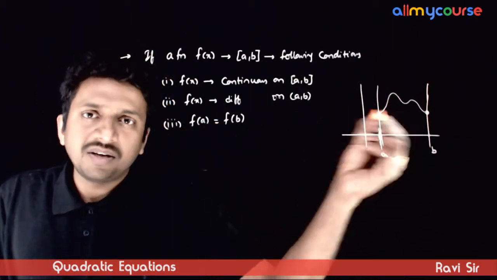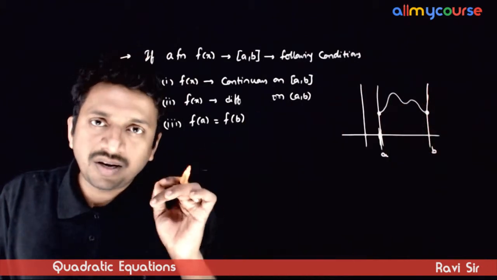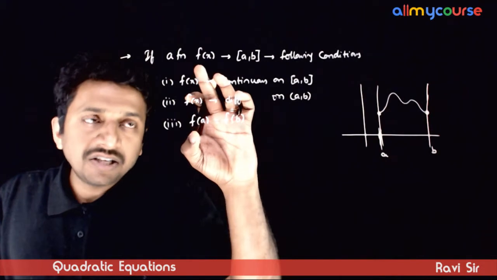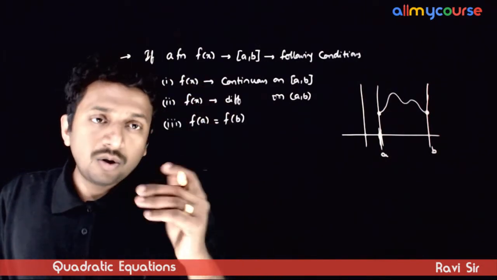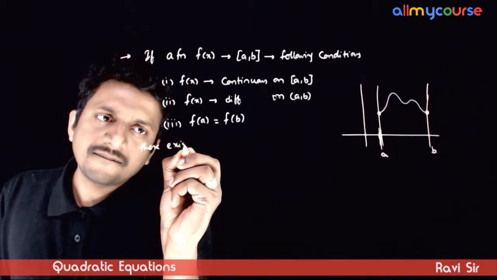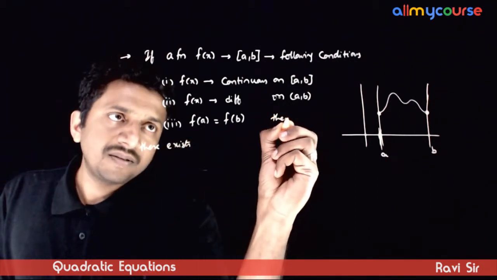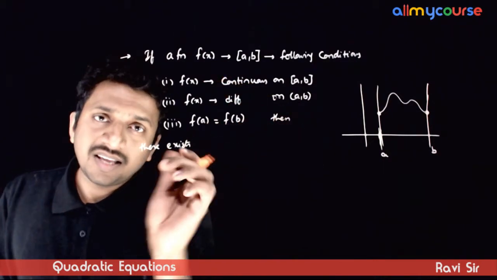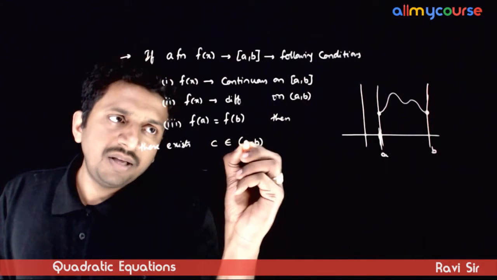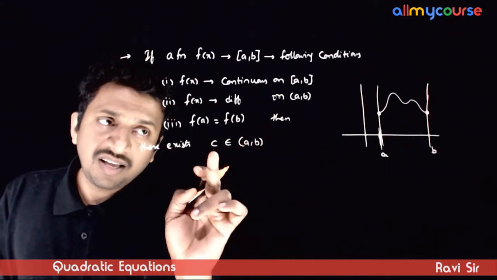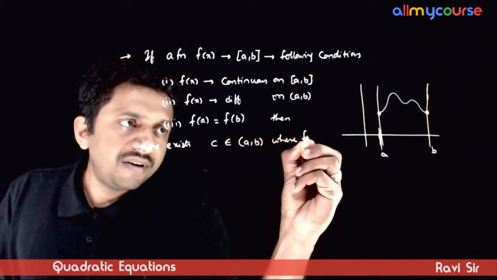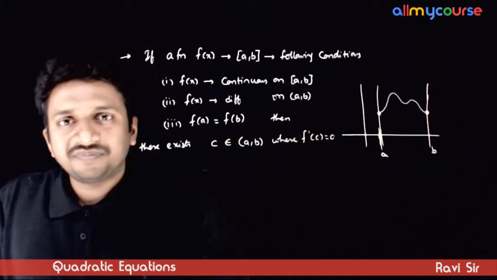There can be many sample curves which go from this point to this point being continuous and differentiable. So now if the function satisfies these three conditions, Rolle's theorem says that there exists a c which belongs to open (a, b) where f dash of c is equal to 0.